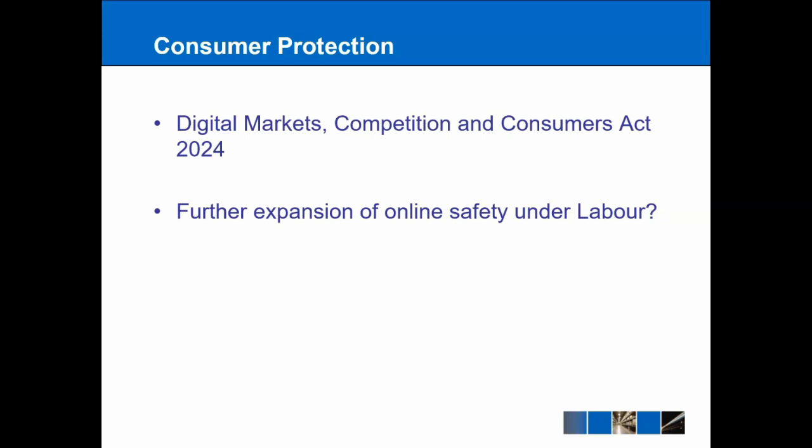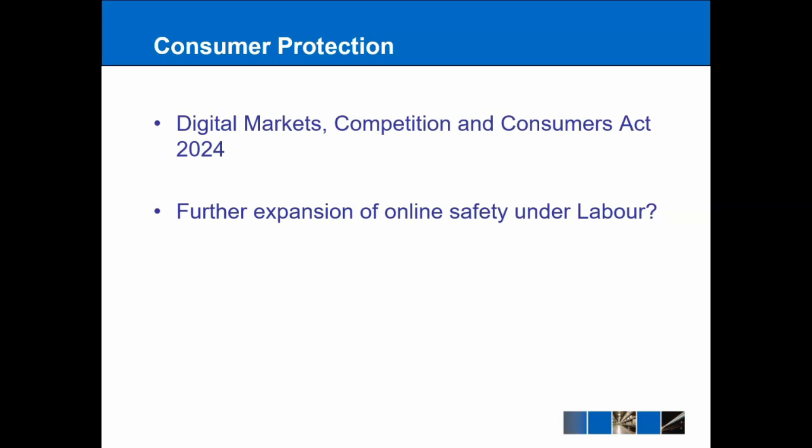However, in the area of commercial law, it also allows the Competition and Markets Authority to take a lot more action against traders in general who are perhaps operating in a bit of a fishy way and not doing enough to protect consumers. We might see some expansion of this under Labour, although they are probably likely to sort of see where the Digital Markets, Competition and Consumers Act leaves us.